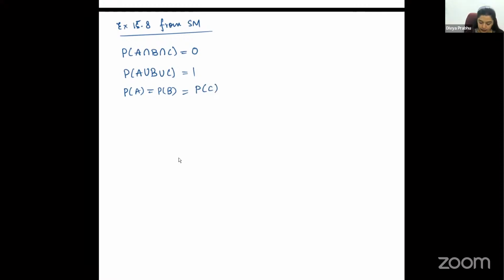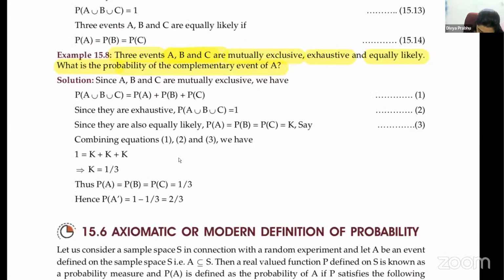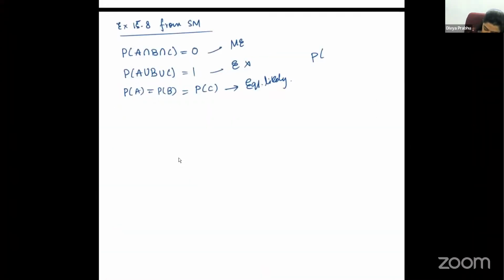This is equally likely. This is for mutually exclusive events. This is for exhaustive events. And this is for equally likely events. Understood? Now they are asking you what is P of the complementary event of A. Basically, they are asking you what is P of A dash.